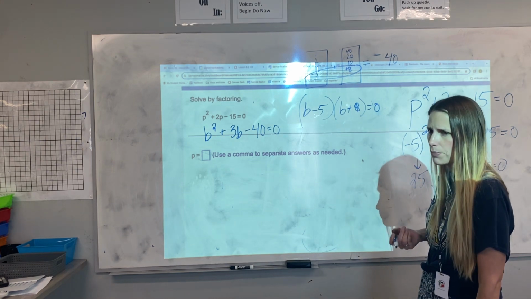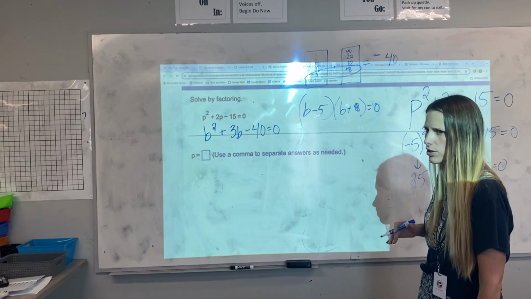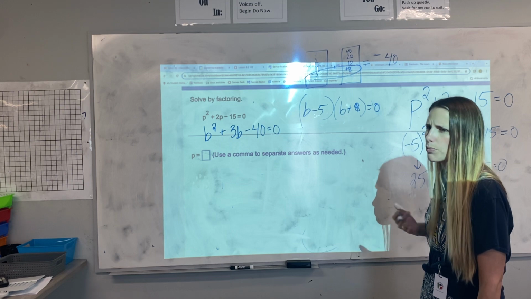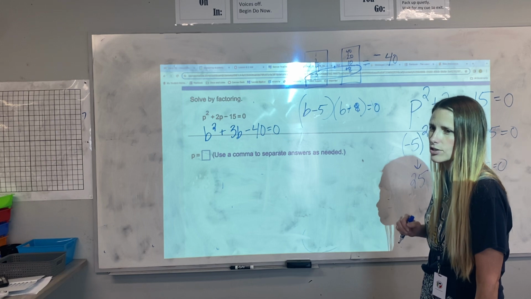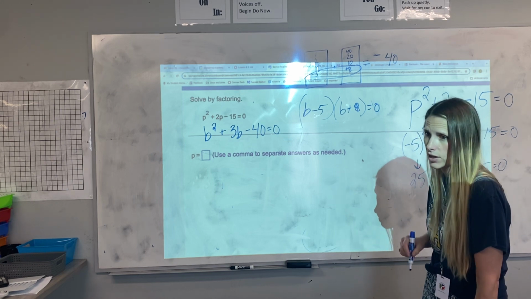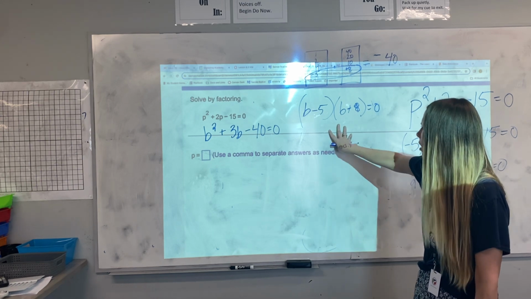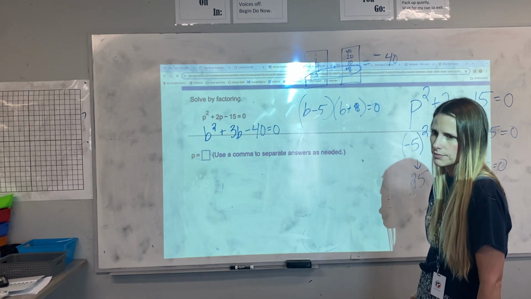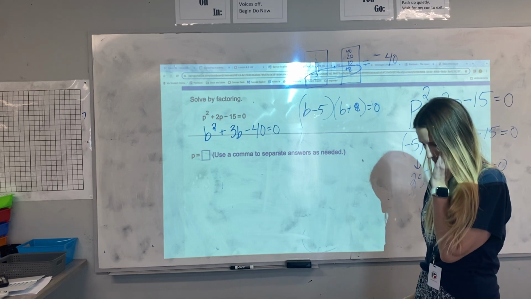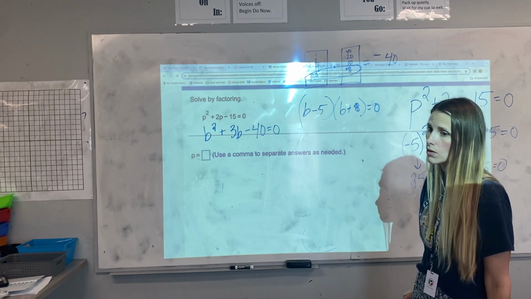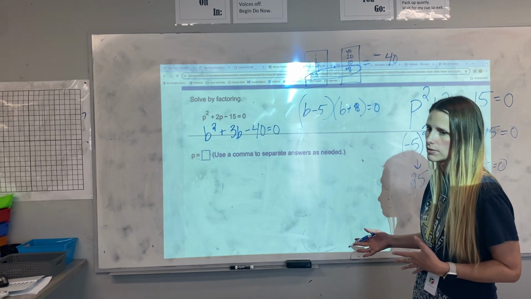How do we solve for B using a very interesting property that we just learned about? What property did we learn about in this lesson? Starts with a Z. How do we use the zero product property to solve for B here? Yep. And how do we set that up?